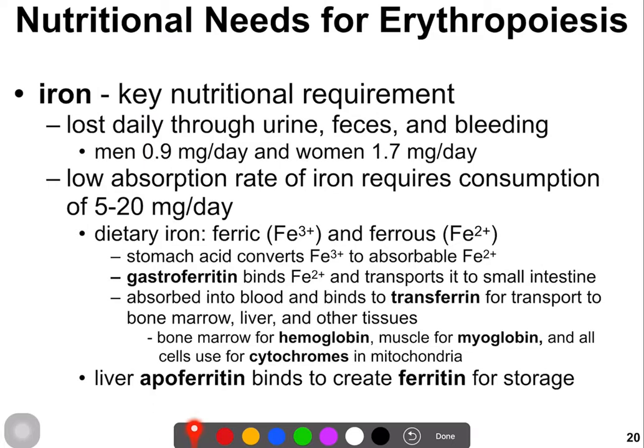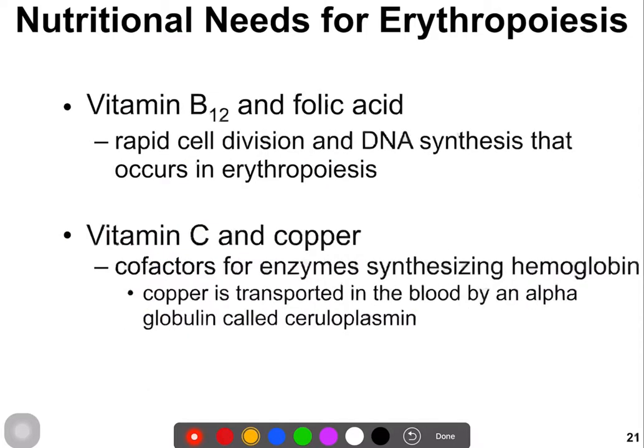But because the absorption rate is so low, we actually have to consume much more than that, about 5 to 20 milligrams a day. As I said, the Fe3 mostly gets converted to Fe2. Gastroferritin binds it, then transferrin will transport it, and apoferritin and ferritin in the liver.